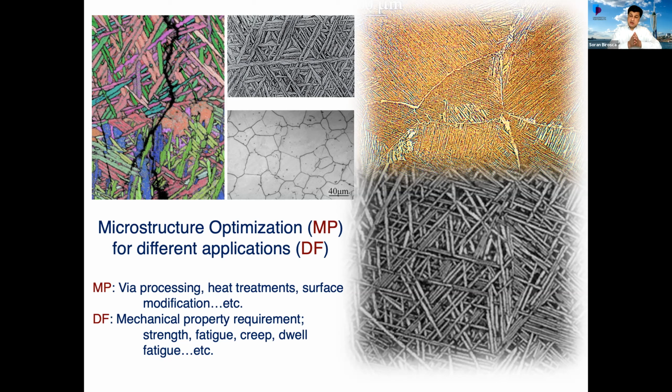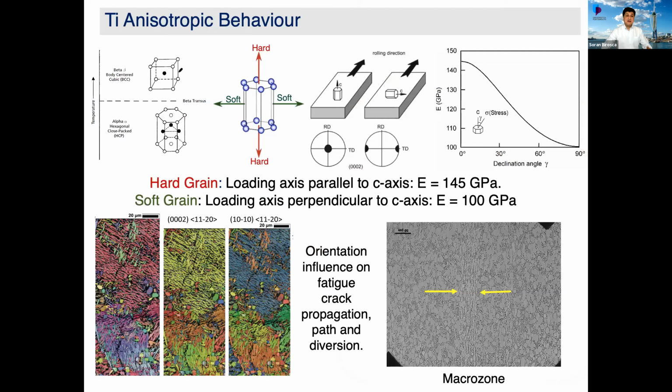You do a huge amount of work and processing to optimize the microstructure through the heat treatment and surface modification, and importantly, for mechanical property enhancement, including, very critically for aerospace engineering, fatigue, creep, dwell fatigue, and so on. Okay, and one point I want to mention before I go further on titanium is the anisotropic behavior.